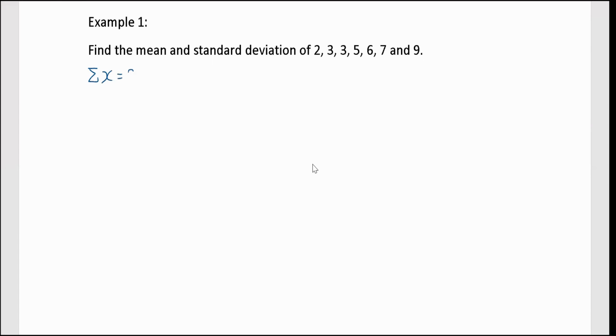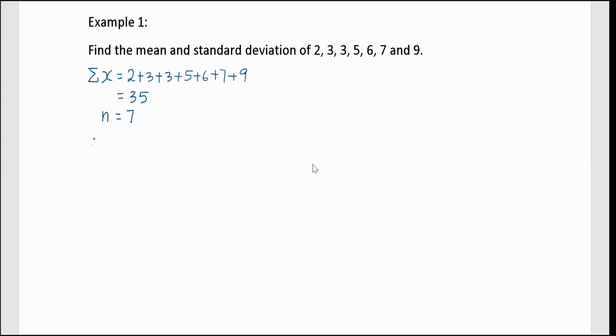So we are taking 2 plus 3 and so on. Then the total is given as 35. And we can count the sample size is 7. There are 7 data here.